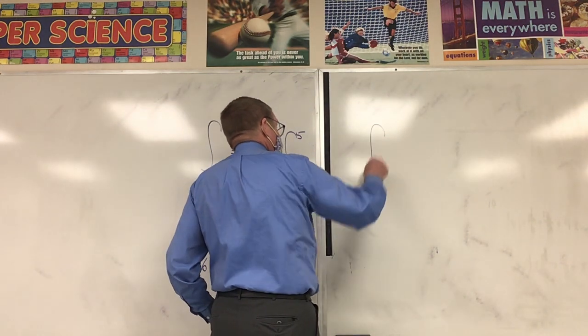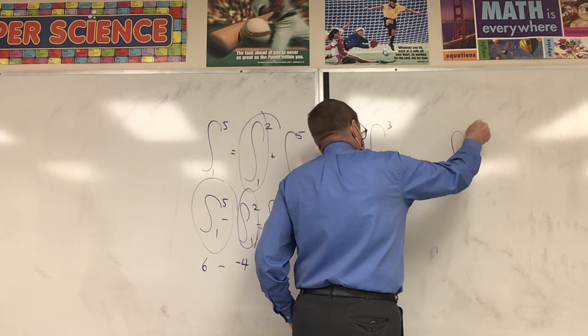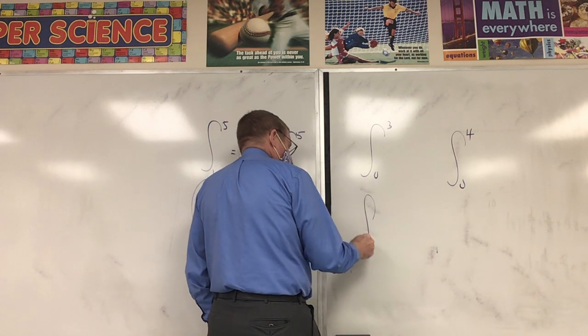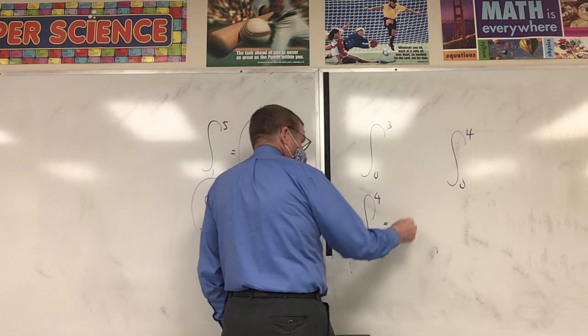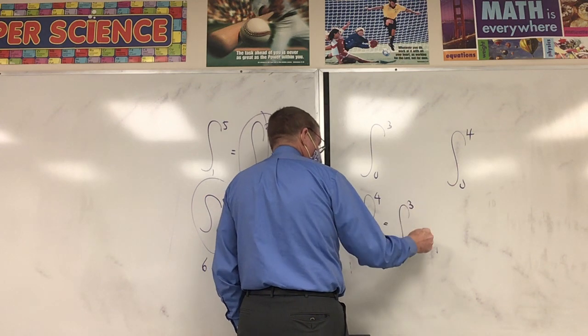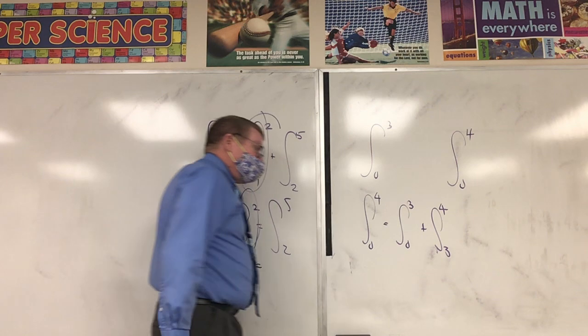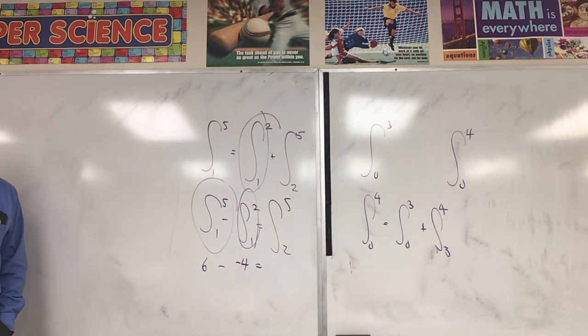Again, they gave me 0 to 3, and they gave me 0 to 4. All right? What does the integral from 0 to 4 equal? That equals the integral from 0 to 3 plus the integral from 3 to 4. Would everybody agree? Yes?